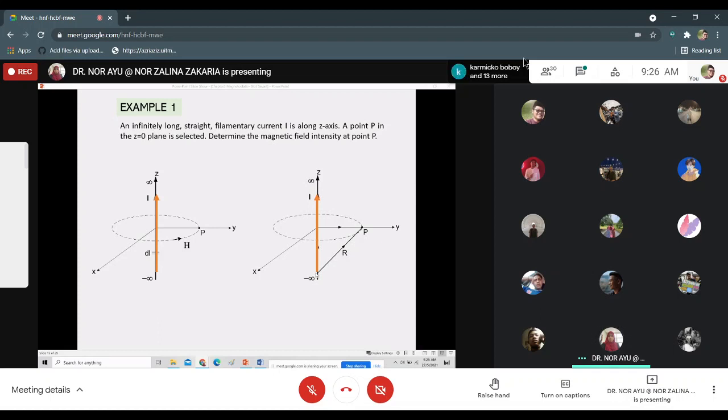What is R? Negative Z. What is R? R equals to what?